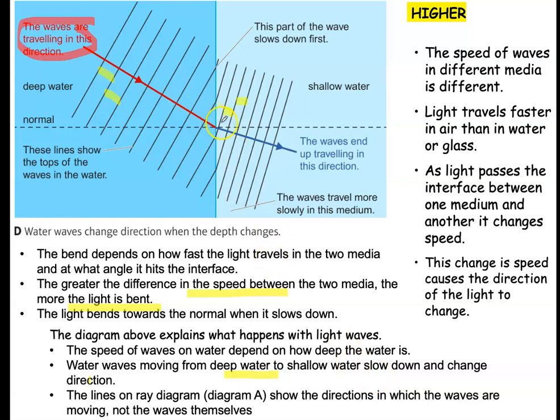Just focus on this side: they are changing direction and slowing down, because the distance between these two lines is shorter than the distance between these two lines. The lines on the ray diagram show the direction in which the waves are moving, not the wave itself, just the direction of the movement of the wave.